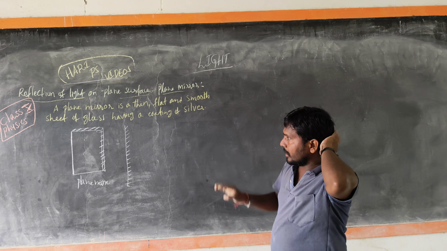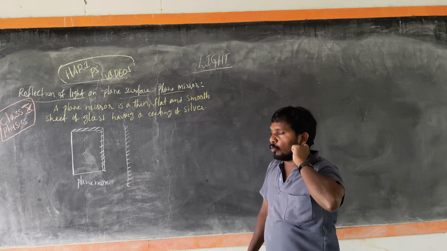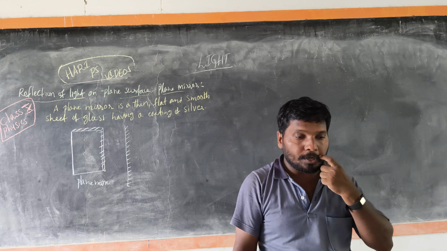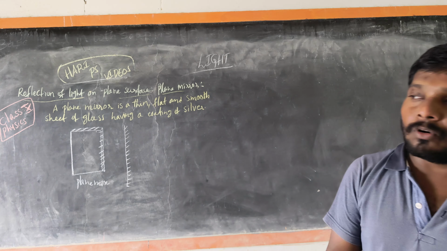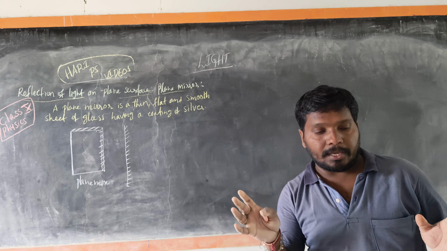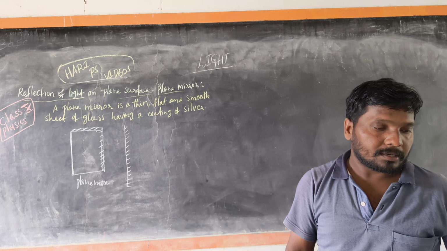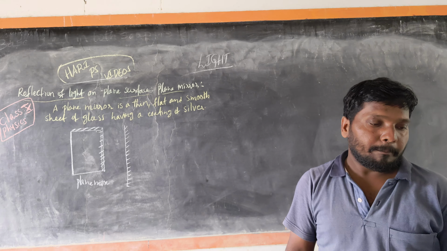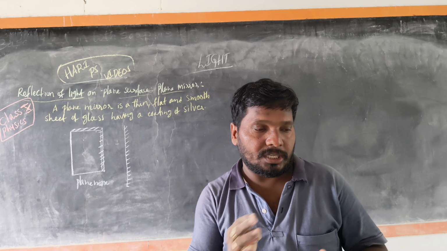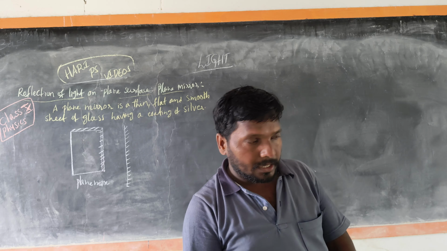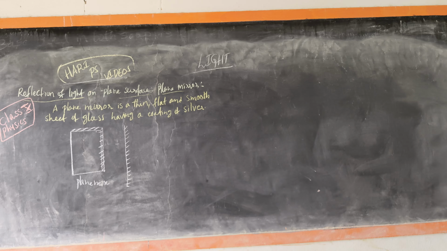surface or sheet of glass having a coating of silver. So these plane mirrors are generally made by depositing a thin layer of silver metal on the backside of the plain glass sheet.